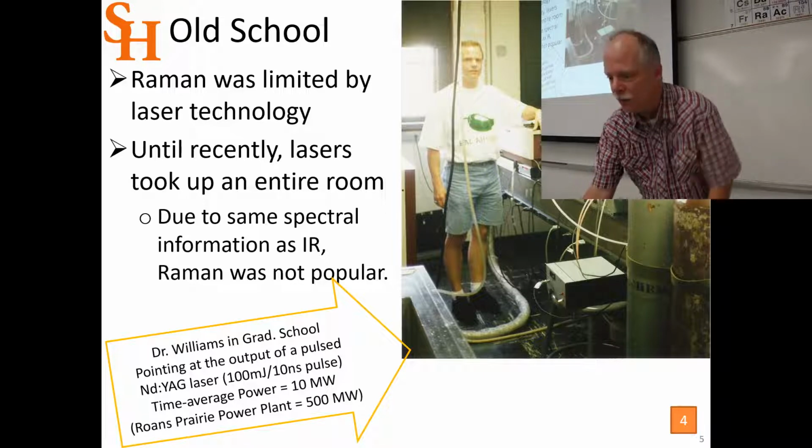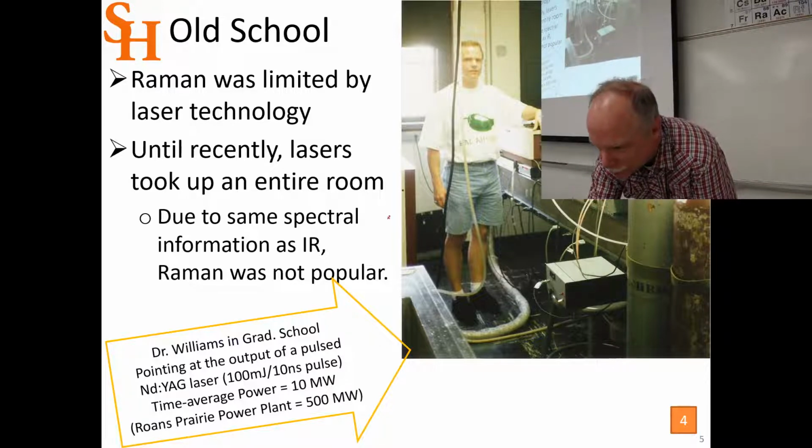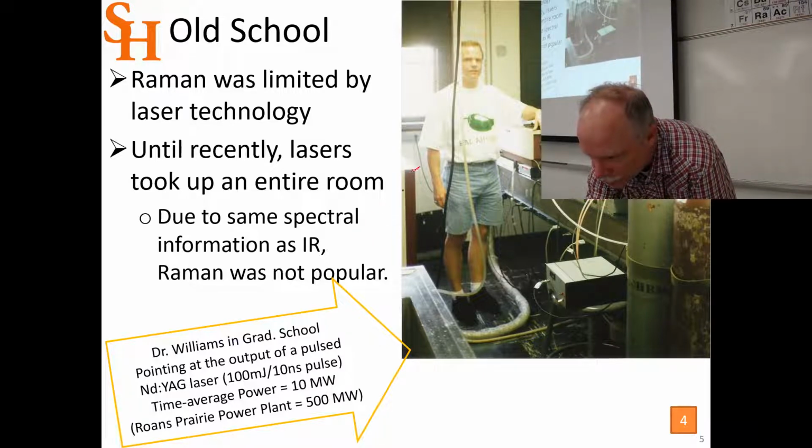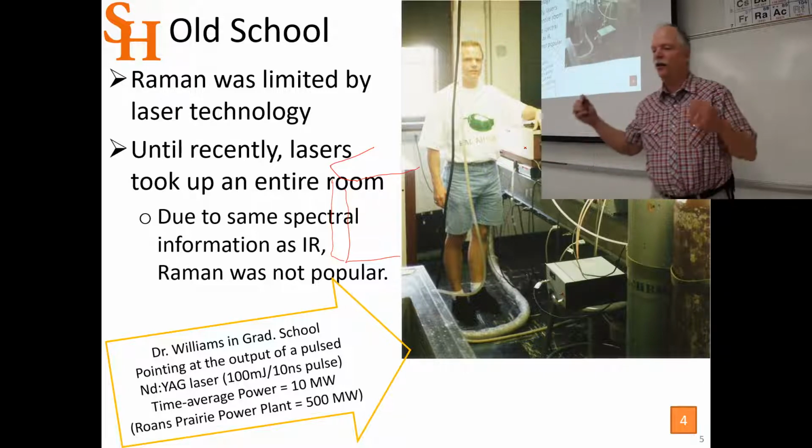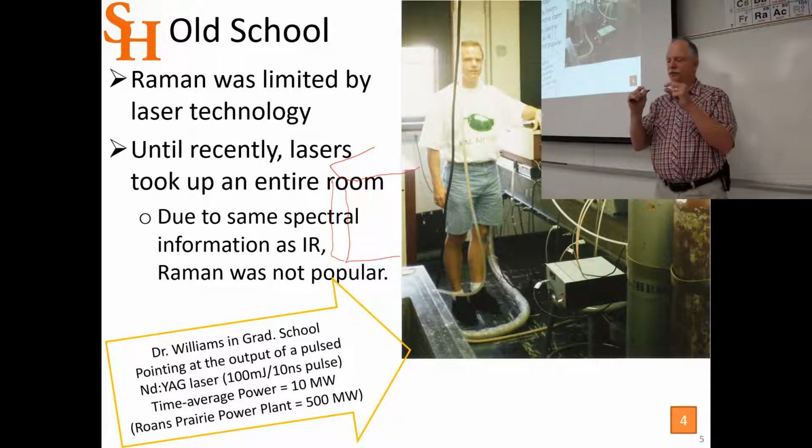So we had also a pulsed system. So what I'm standing next to over here, this is the power supply, and it's about the size of a washing machine, and it's water cooled, and the energy would come up this umbilical cord here and go in here, and all that energy would be in these flash lamps, these clear discharge tubes, and it would pump all of this energy into these flash lamps, and then that would put visible light into this Neodymium YAG crystal.